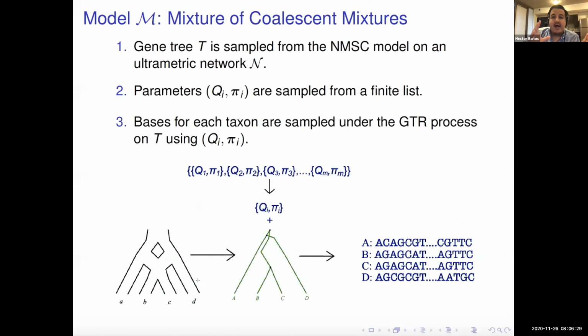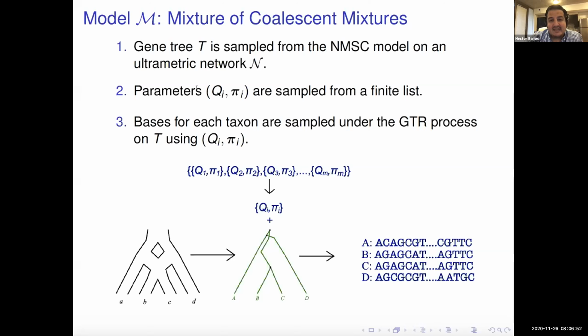So we assume we have an ultrametric species network, and ultrametric in the sense that there's the same distance from the root to any of the lineages in any given path. And as mentioned, we can sample a gene tree from that under the network multispecies coalescent model. So we sample it.